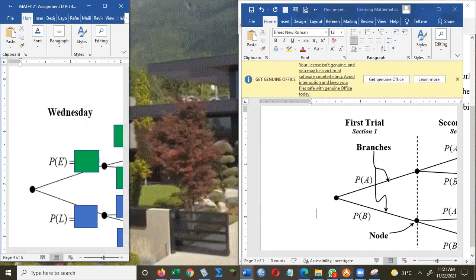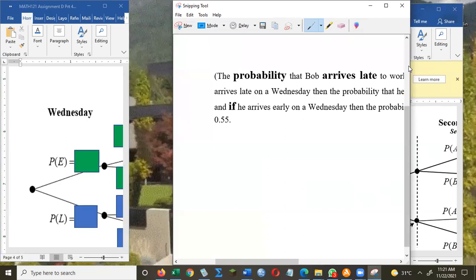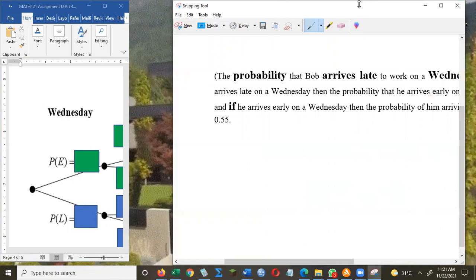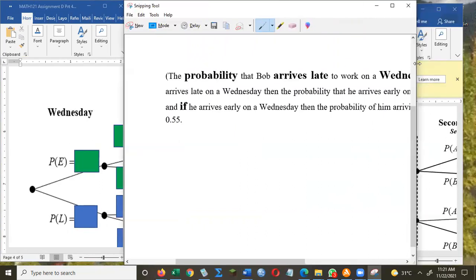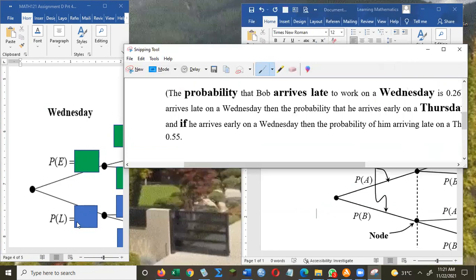The probability of him coming to work late on a Wednesday, that information was given. It was provided: 0.26. The probability of him coming to work late on a Wednesday is equal to 0.26. You see the sentence and look at the diagram.